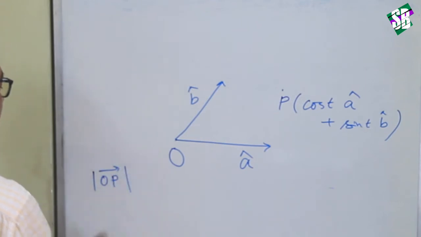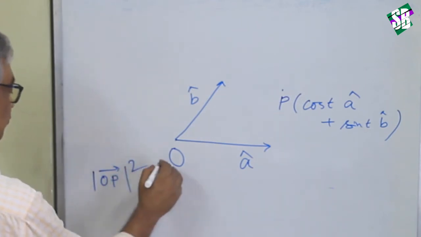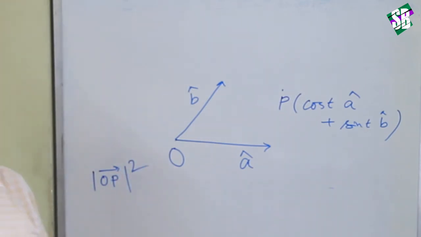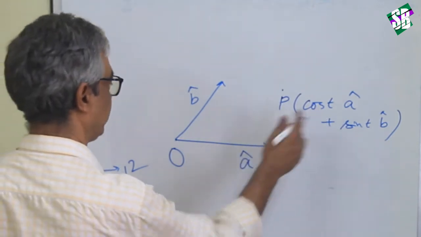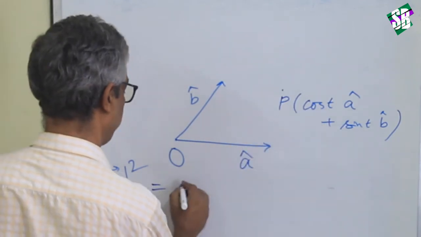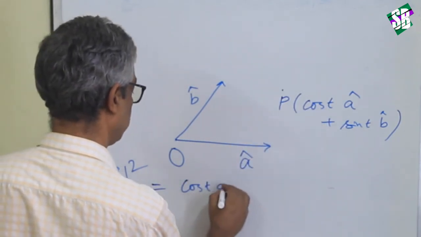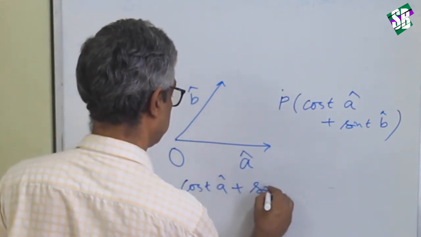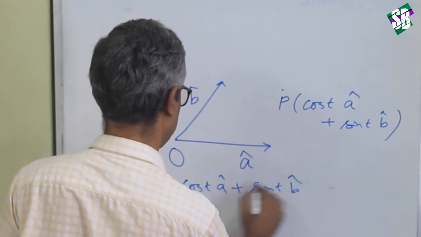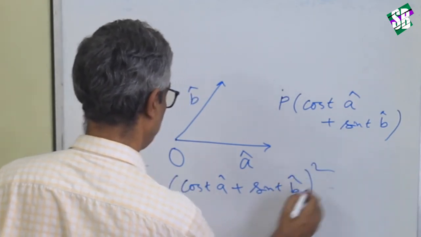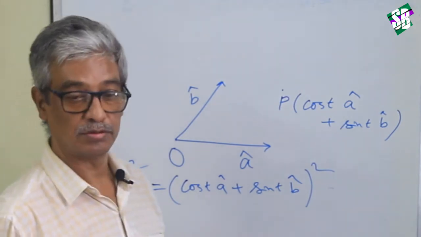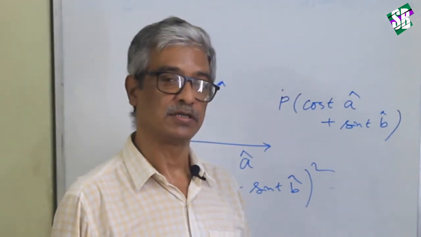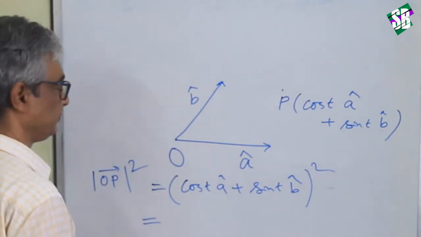Mod OP vector. So for that find mod OP vector squared, means OP vector dot OP vector, means this square, right? Cos t a cap plus sin t b cap squared. Now use the formula that I have told you just a minute earlier.